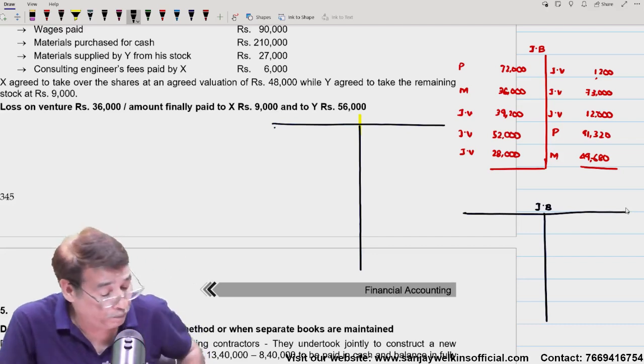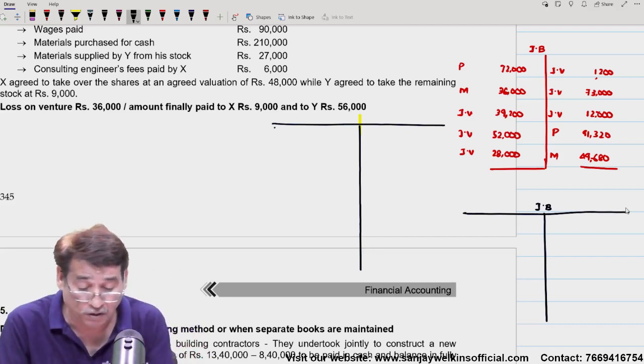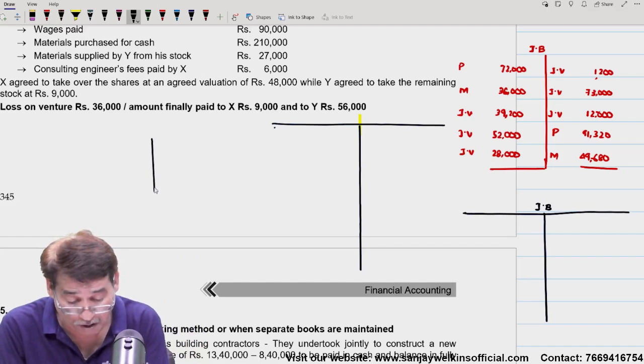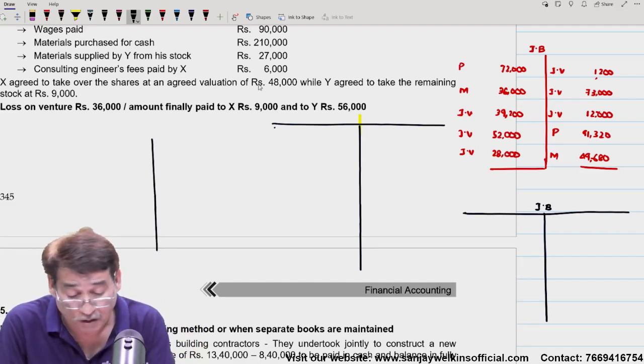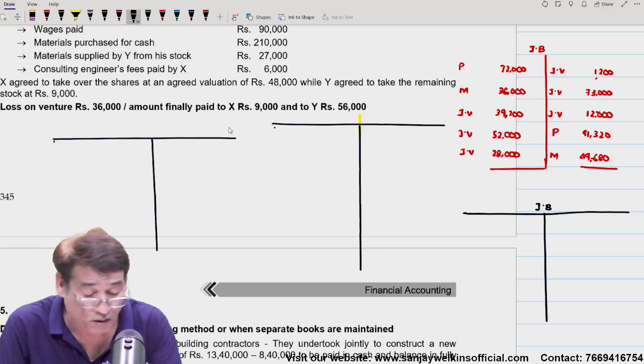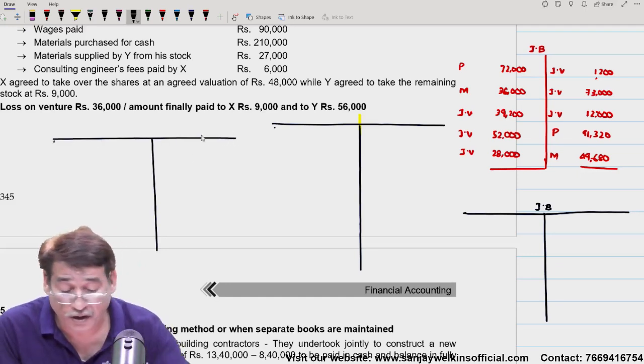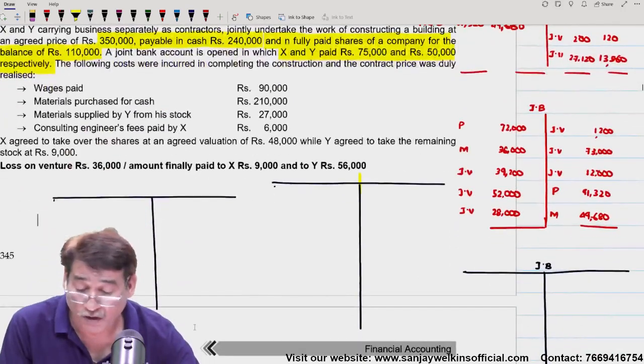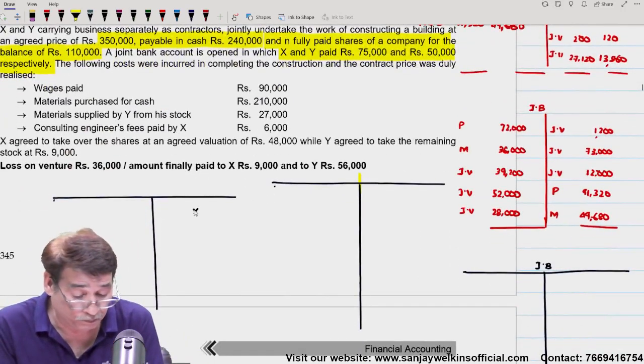And then you can prepare the co-venturer account also. This is your co-venturer account. Correct? There are two co-venturers in this particular case, co-venturer X and Y.